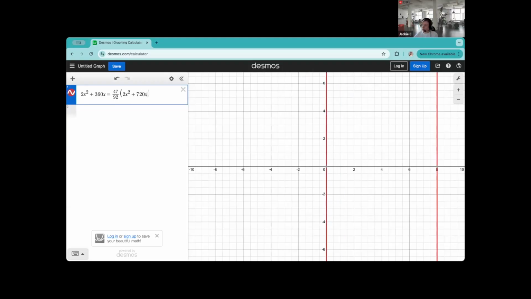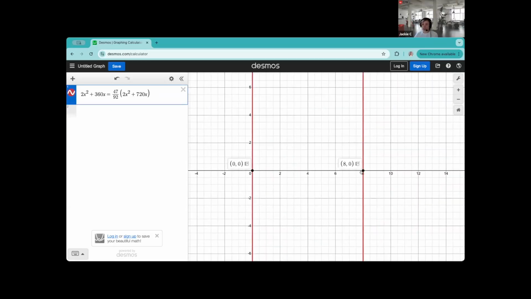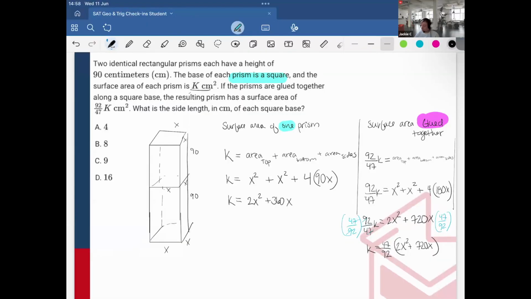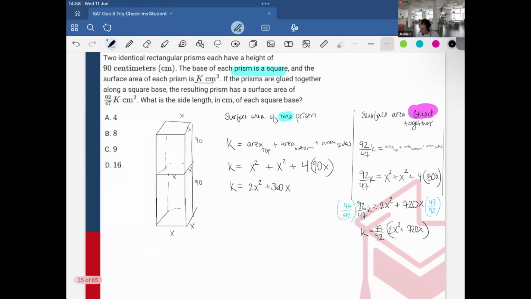And then what I'm going to do is look for the x-intercepts. We can see there's one here at 0, 0. That was an answer choice, and the other's at 8, 0. That's one of the x solutions. And looking at our answer choices, I can see that 8 would be the answer.